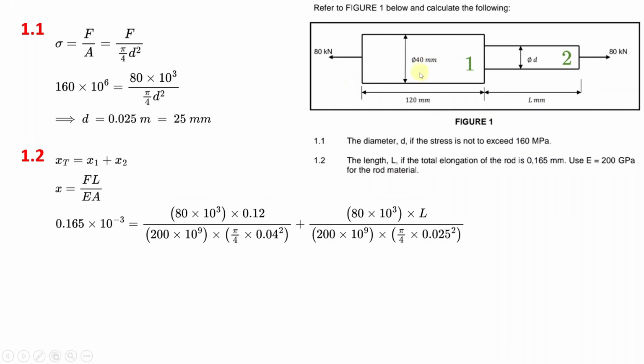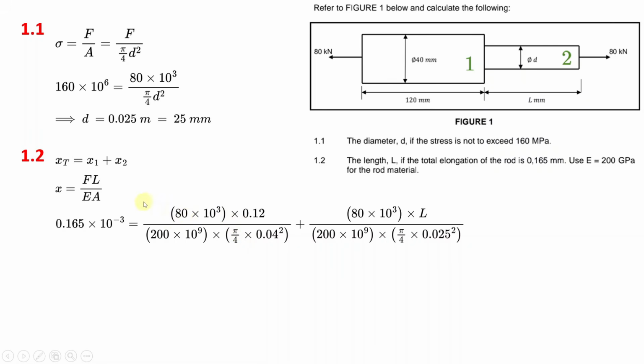We know the diameter of segment 1, so to find the cross-sectional area, it's pi by 4 multiplied by the diameter squared. Again, I changed the diameter to SI units, 0.04 meters squared. That is what we have.